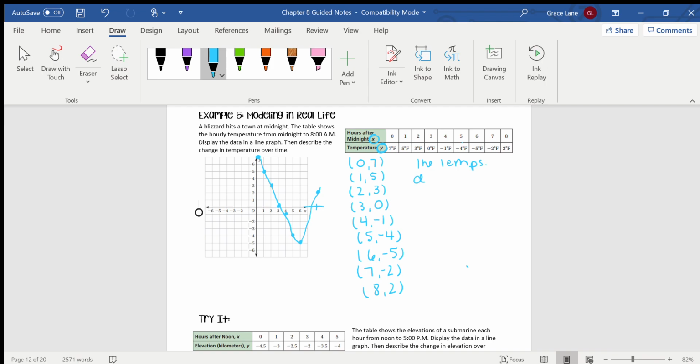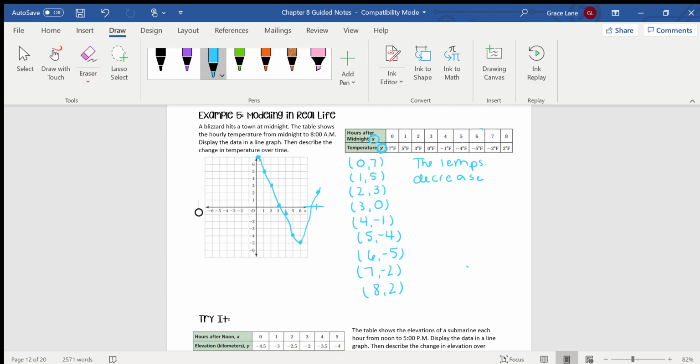The temperatures first decrease hours after midnight. So it went down until, no, that's not right, sorry.